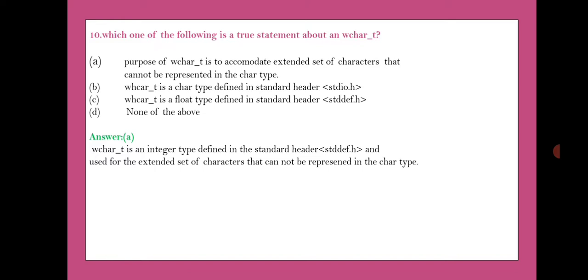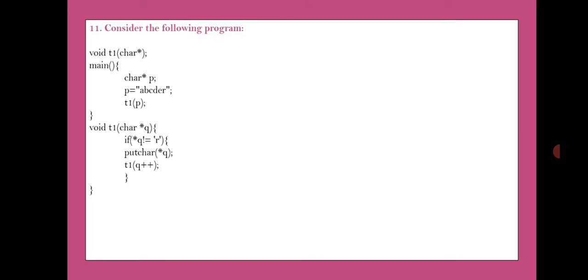So let's consider a program. void t1 which takes an argument char pointer. In main, char pointer p is equal to the string abcder. We are calling t1 by passing p. t1 takes the argument pointer q.